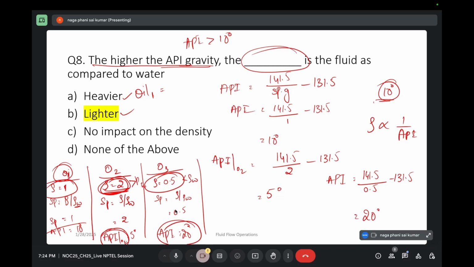If a liquid is lighter than water, it will have API gravity higher than that of water. API and density are in inverse relation. Density is less than 1, API will be more than 10. And if density is greater than 1, API will be less than 10. It's an inverse relation.